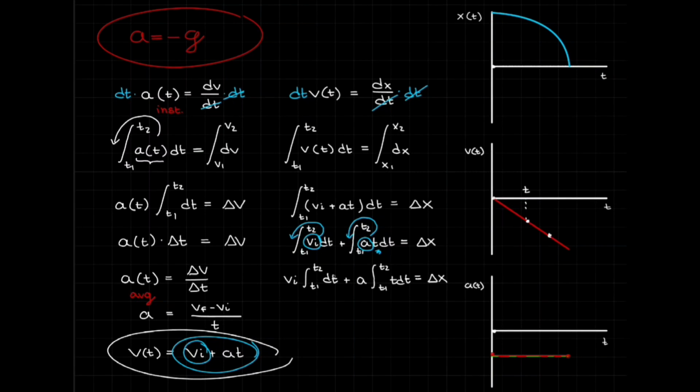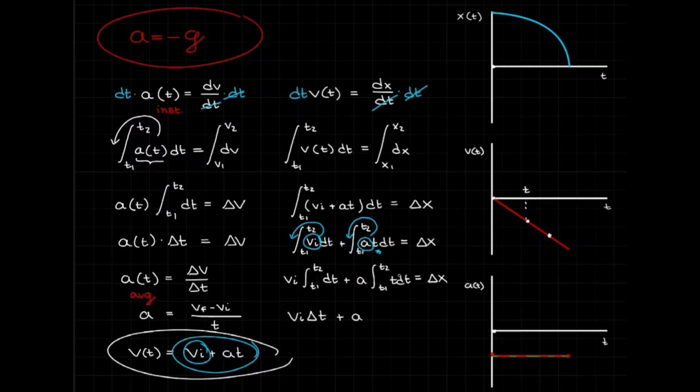Okay, so now here we have the same case where the differential is being integrated, and that's just the delta. So that's going to be vi delta t, plus acceleration times, what is this? So what is that?